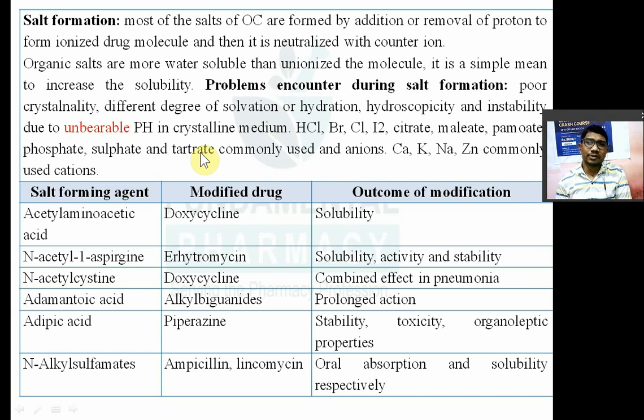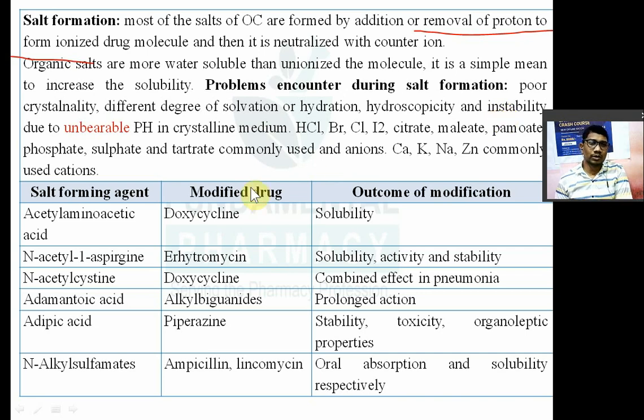Most organic salts are formed by addition or removal of a proton to form an ionized drug molecule, and then that ionized molecule is neutralized by a counter ion to form a salt. How is a salt formed? Most salts of organic compounds are formed by addition or removal of a proton to form an ionized molecule, which is then neutralized by a counter ion.